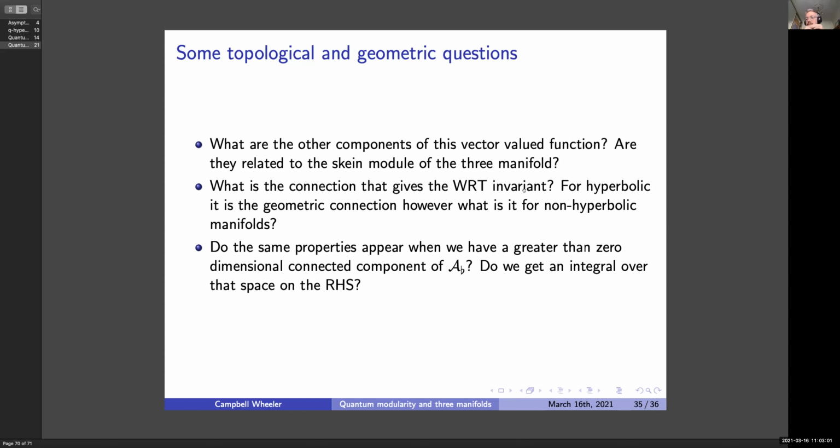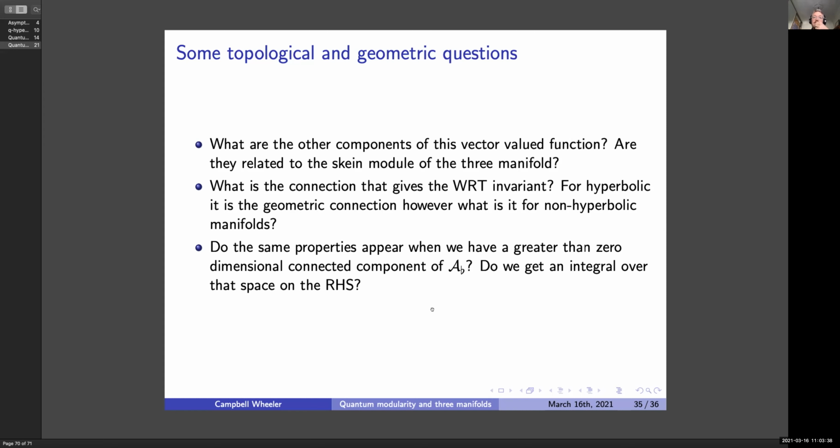That would be an interesting problem, because there are certain questions relating to the Bloch group and K-theory, where you would like to have a canonical representative of a certain solution to some equations, and it's not clear how to do that in general, but here it seems like the WIT invariant picks out some connection or solution to some equations in a nice way. So that's a potentially interesting question.